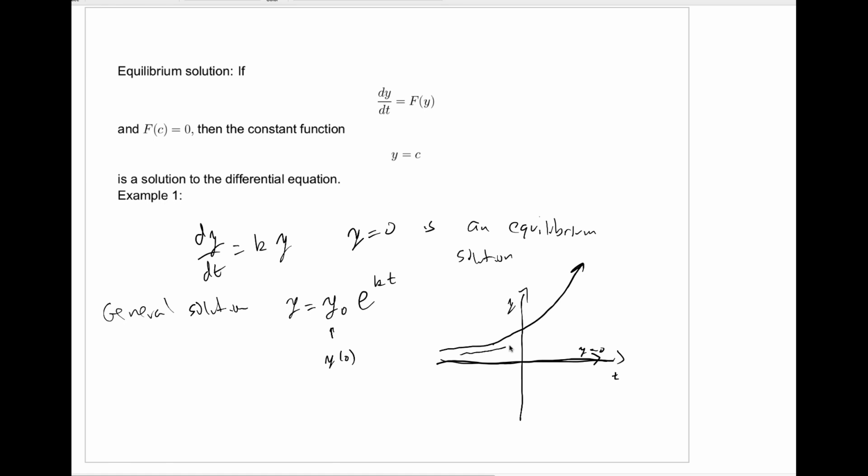And you'll get a family of solutions that look like this. If you start with a negative number, it'll look like this. So you can see the whole family of solutions there very easily.